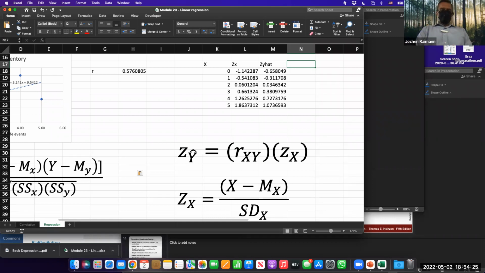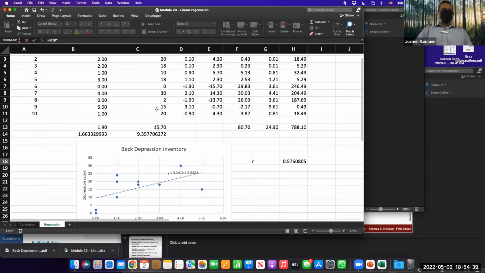So if you want to calculate the y hat, all you need to do is y hat equals your z y multiplied by your standard deviation of y plus your mean.